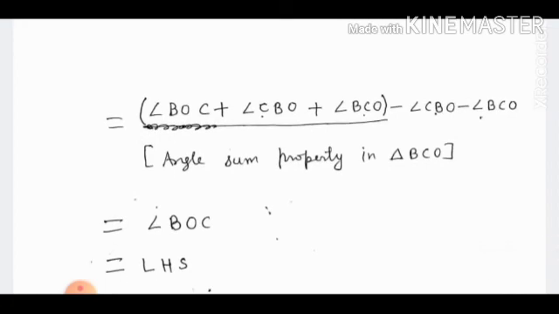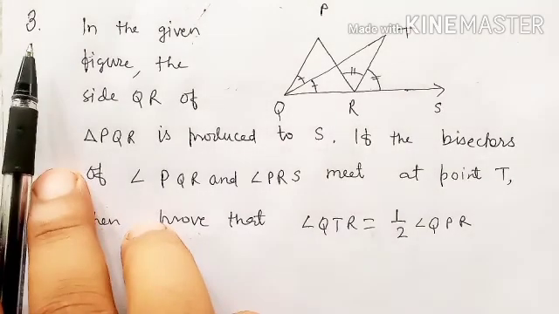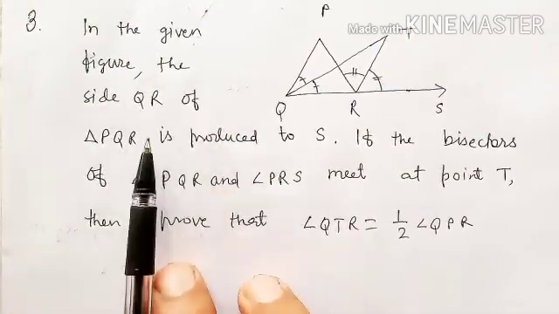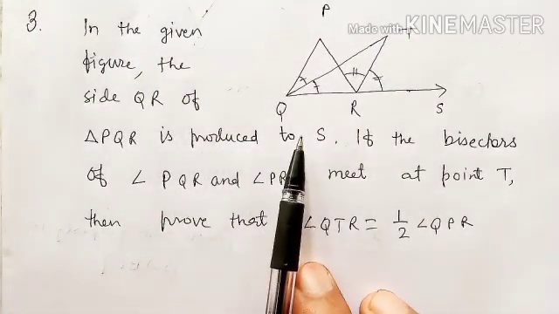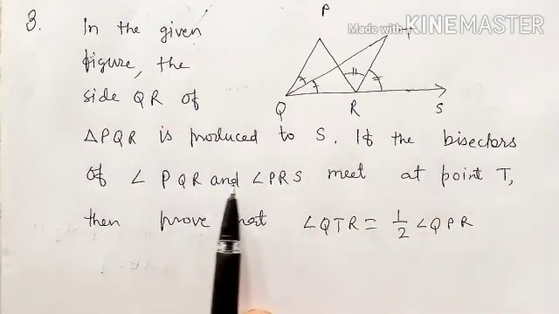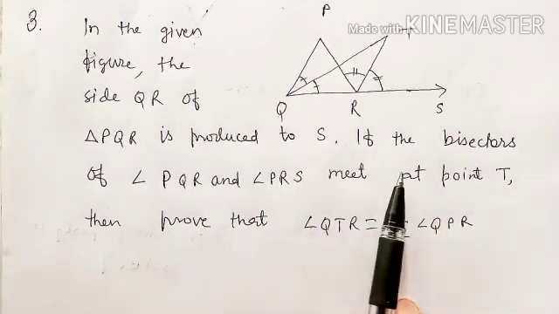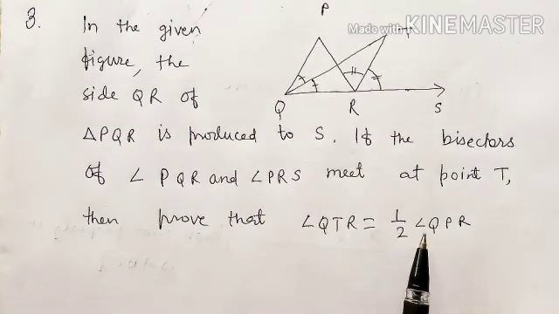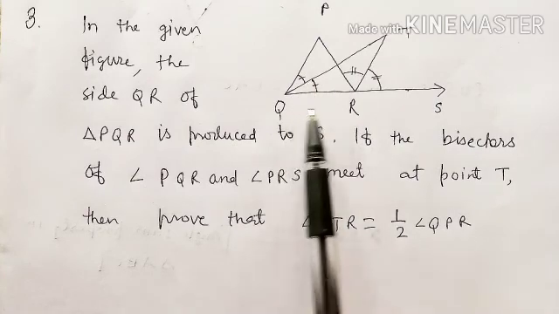That's it. Let us do some more questions. Question number 3. In the given figure, the side QR of triangle PQR is produced to S. If the bisectors of angle PQR and angle PRS meet at point T, then prove that angle QTR is equal to half angle QPR. You can see the diagram.